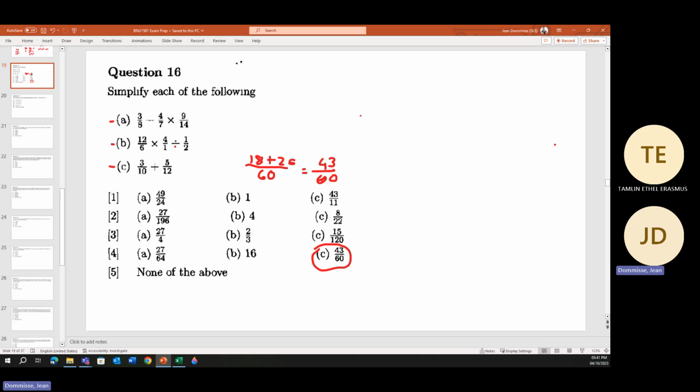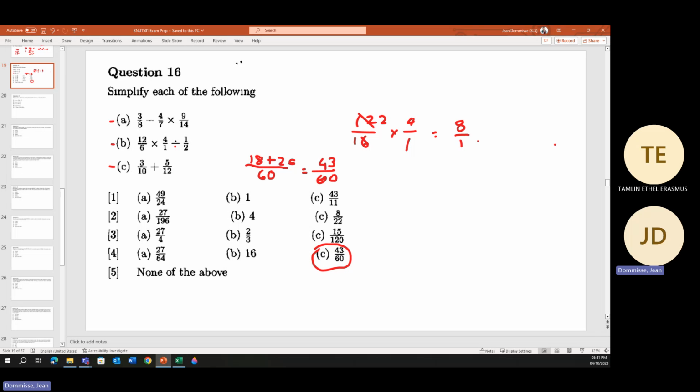So 12 divided by 6 times 4 over 1. How I would have done it, 6 goes into 6 once, 6 goes into 12 twice. So that part now is 8 over 1.